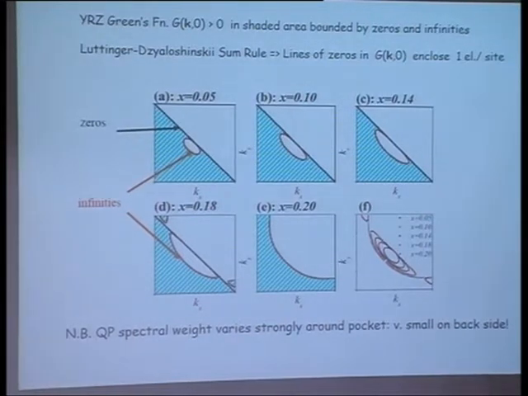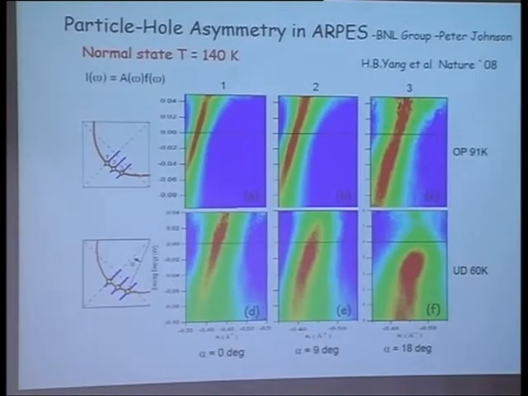Now, the photoemission, since the original days, there have been recent interesting results from the group at Brookhaven, and a few years ago they published these scans where the interesting thing that they did was they looked at the normal state, of course at a fairly high temperature of 140 Kelvin, and then there is a tail above the chemical potential from the width of the Fermi function.